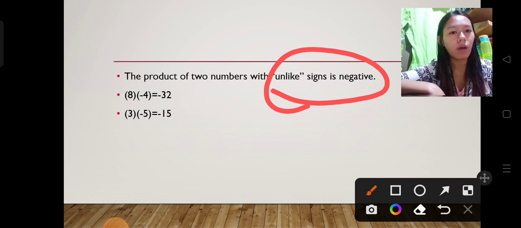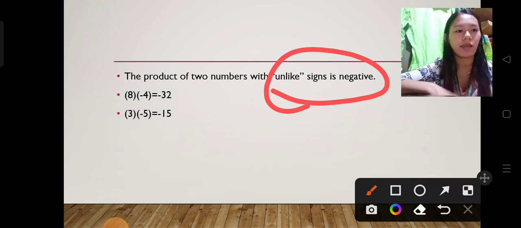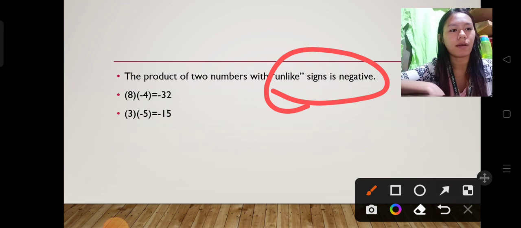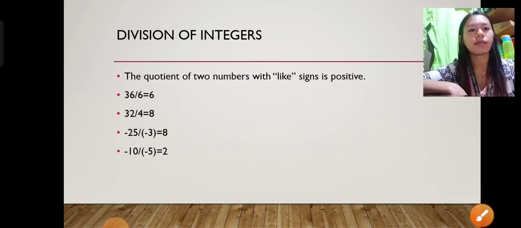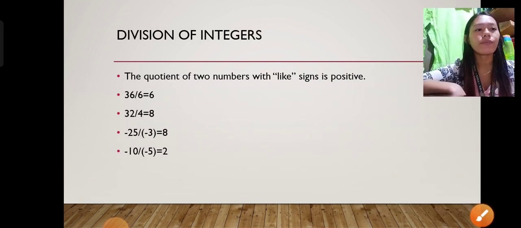Then, they have unlike signs, so negative 32. Then, second is 3 times negative 5 is equal to negative 15. Since it is unlike signs, our sign is negative. So, 3 times 5 is equal to 15. Negative 15.